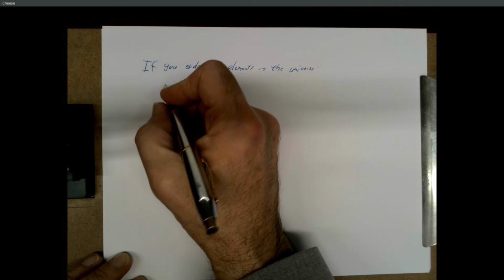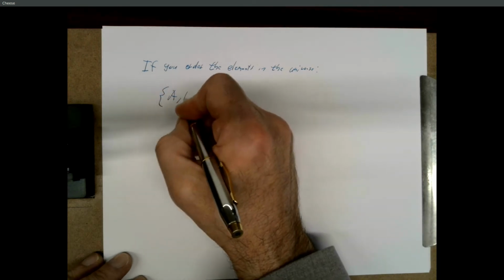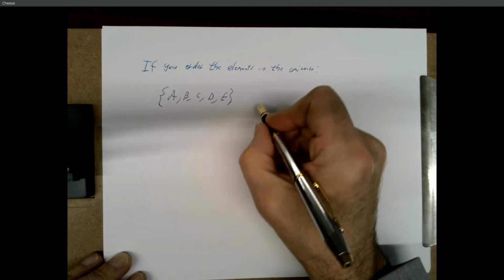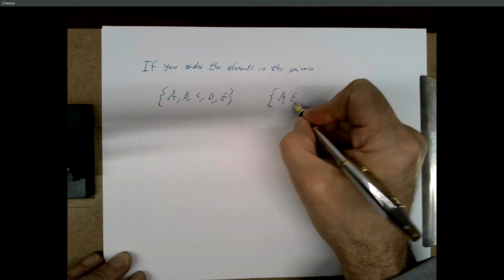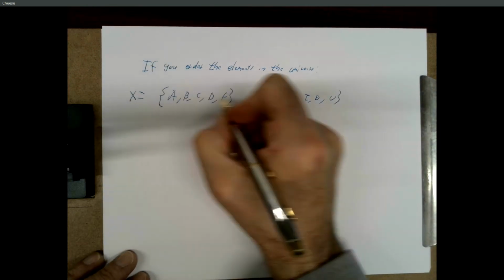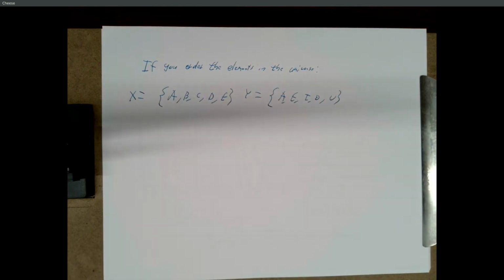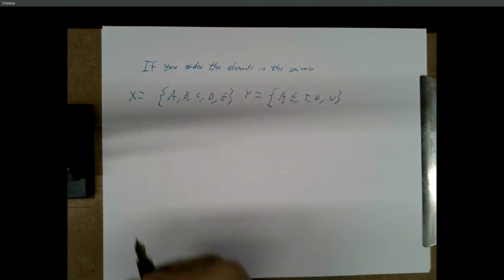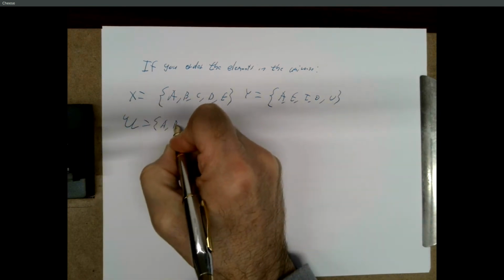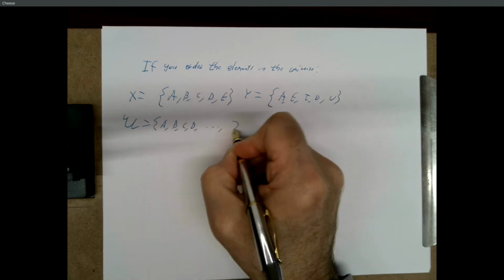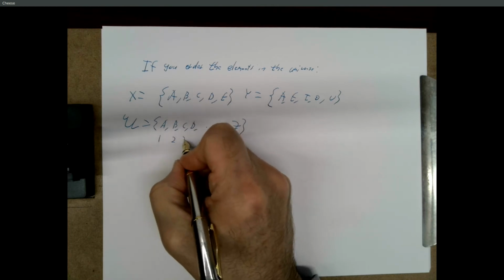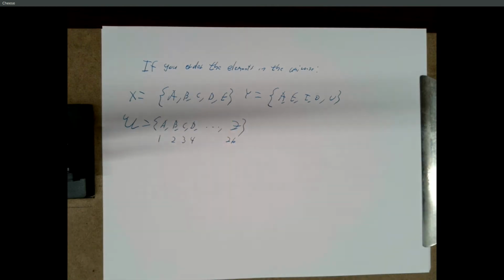So suppose we have a set consisting of A, B, C, D, E, and another set consisting of A, E, I, O, U. So let's call this set X, and let's call this set Y. And suppose our universe consists of 26 letters, and I order these first, second, third, fourth, 26th.